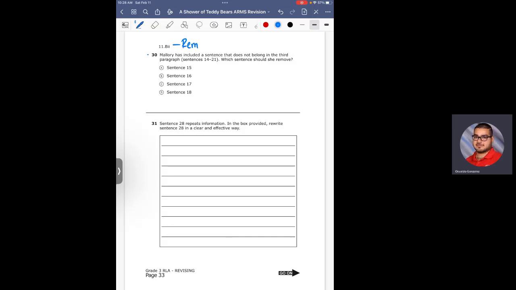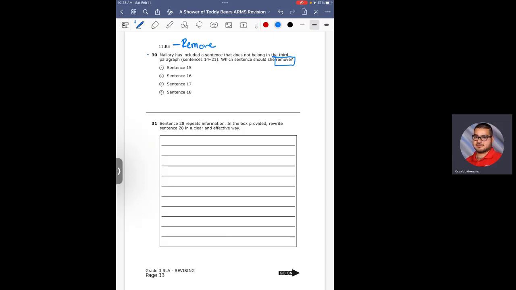11B double I is a question that's going to ask us to remove a sentence. The question states, Mary has included a sentence that does not belong in the 3rd paragraph. Which sentence should she remove?